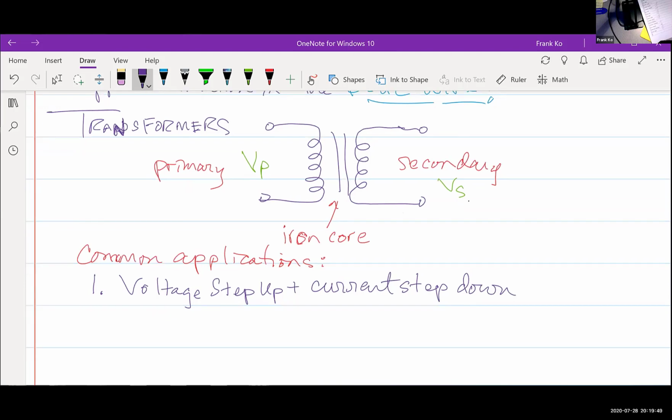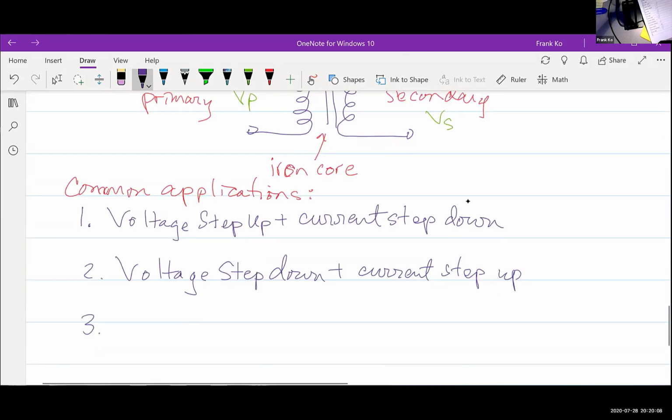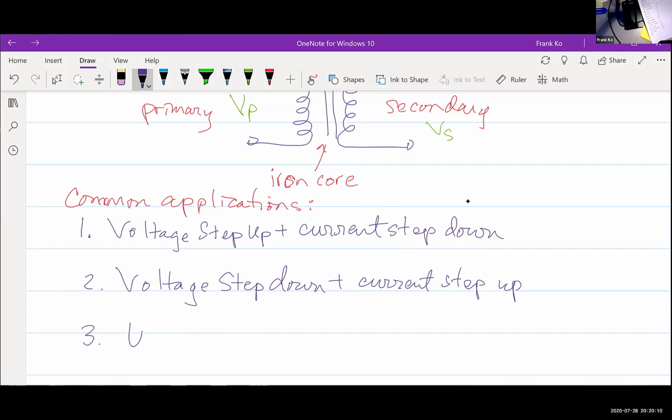Another application would be number two, voltage step down and current step up. Number three would be what we call unity gain transformer.